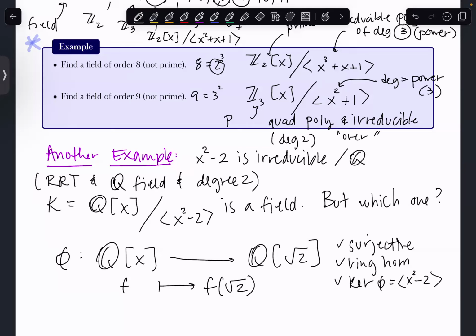Because my coefficients come from a field, this polynomial ring is a PID. So any ideal can be generated by one polynomial. If I find a minimal degree polynomial, it generates it. So I can show by showing that degree 0 and degree 1 are not in the kernel, that this is exactly my kernel, instead of doing double containment for my kernel here.